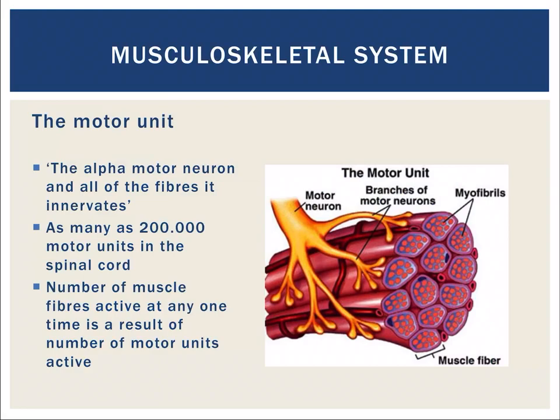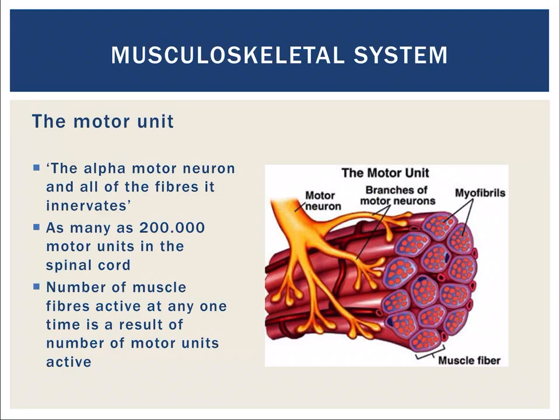Then once information, or once a motor command, reaches the muscles, of course the muscle needs to get contracted. And that happens in a motor unit. A motor unit consists of the alpha motor neuron and all of the fibers that it innervates. Sometimes a motor unit can innervate just a few muscle fibers, but sometimes a motor unit innervates a whole lot of muscle fibers, right?